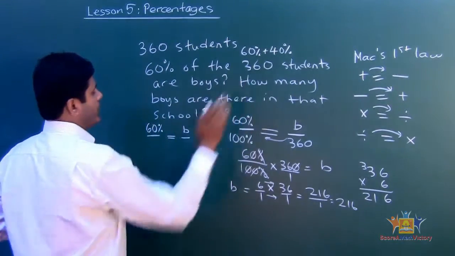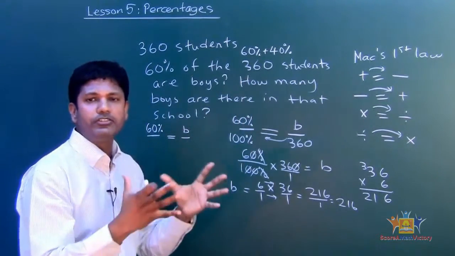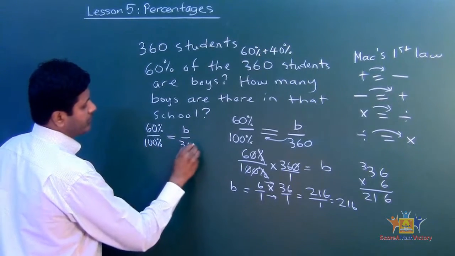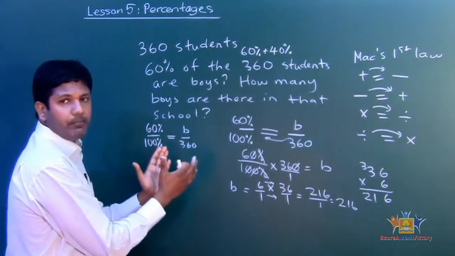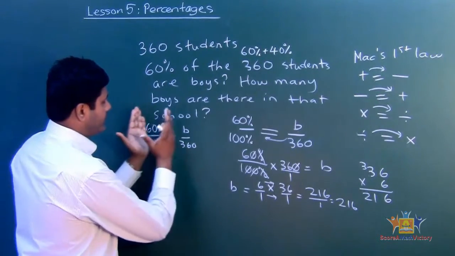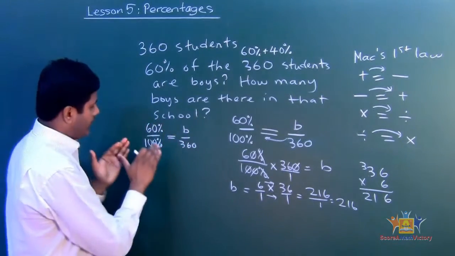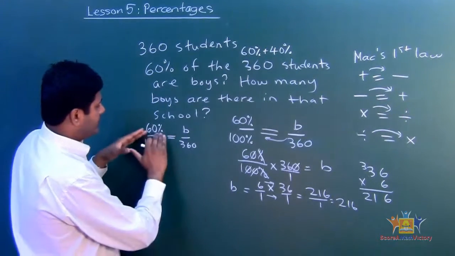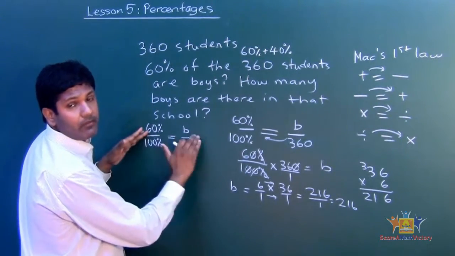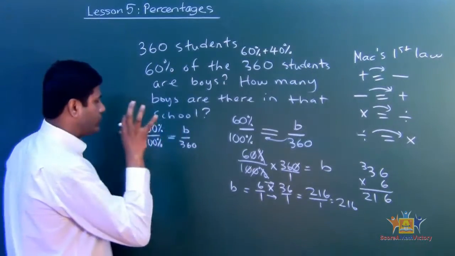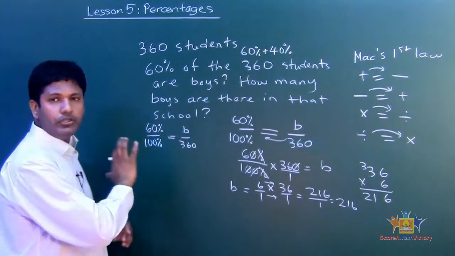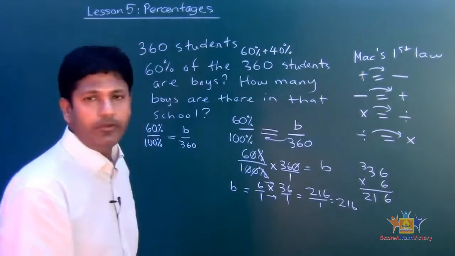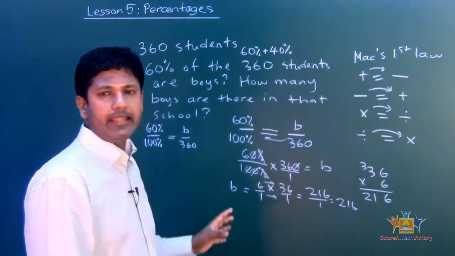And you know 360, which is 100%. So you put 100% and 360. You categorize them properly, very important: the percentages on one side, the numbers on the other side. If this is 100%, that's 360, same level. 60% is what you're looking for, same level. Don't mix it up. Once you understand how to set up, you'll never make a mistake. No matter what type of question I ask you related to this scenario, you will get the answer right.